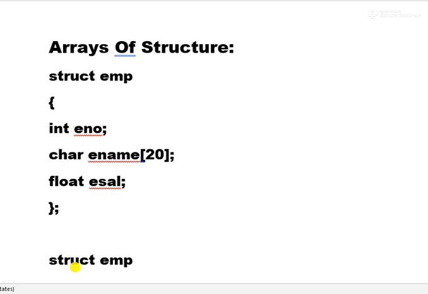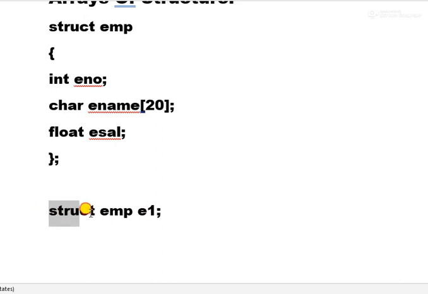Then whenever you declare a variable, suppose I am declaring a variable e1, because I want to store an employee record. Here struct emp is the data type, and e1 is basically a variable.